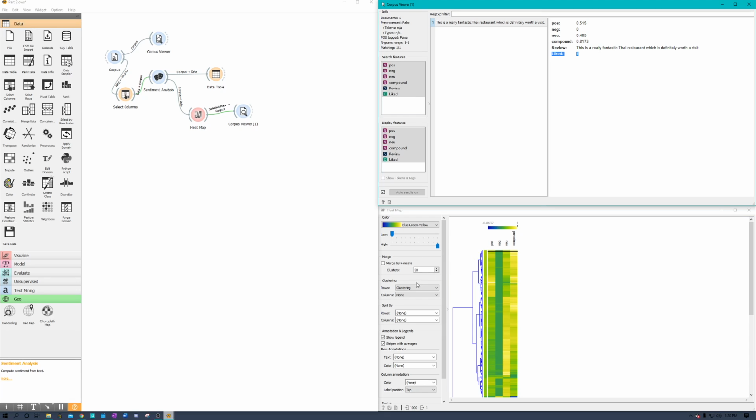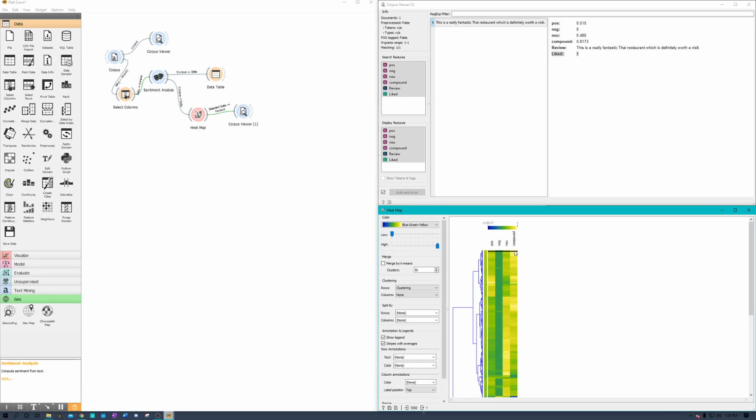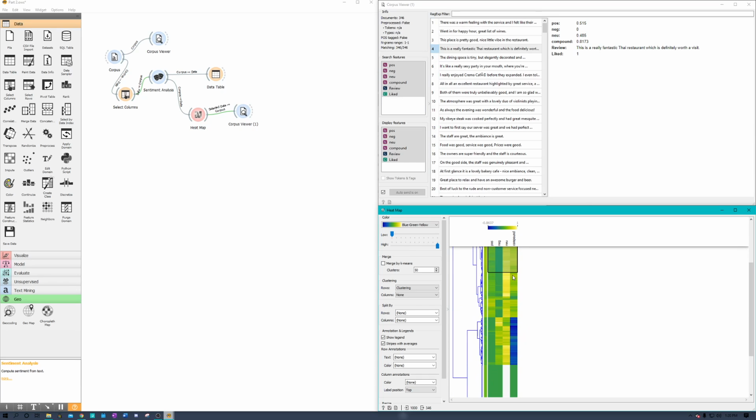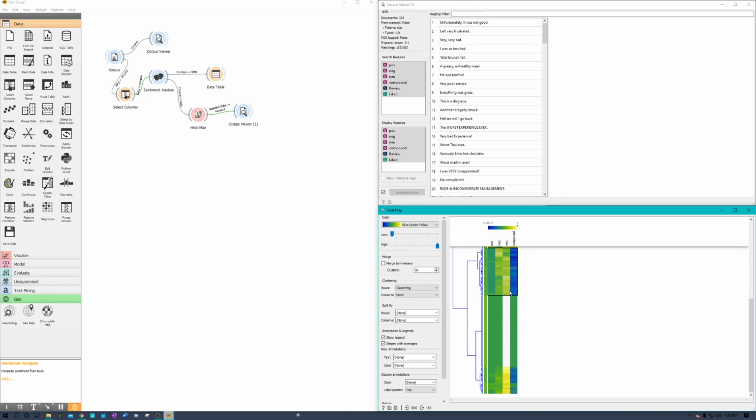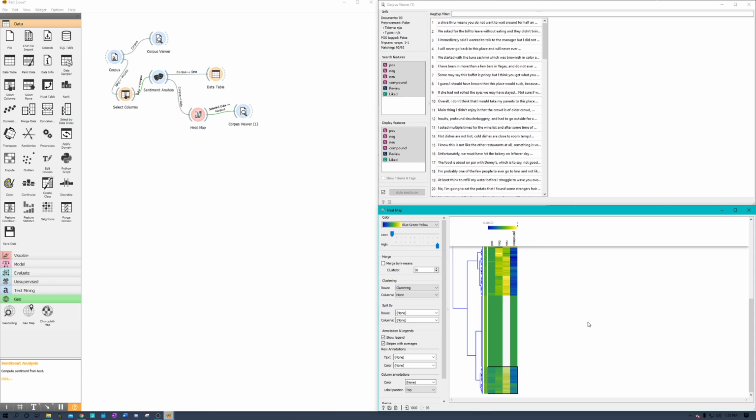Once we created the clusters of the data, we clustered it by the rows. It looks like there are 5 clusters: a cluster from here, one, a cluster from here, two, a cluster from here, three, a cluster from here, four, and a cluster from here, 5.